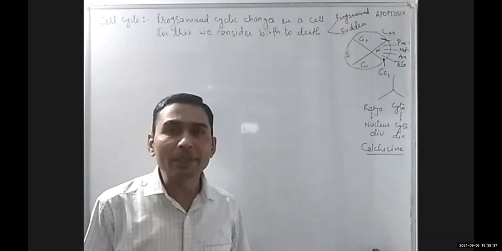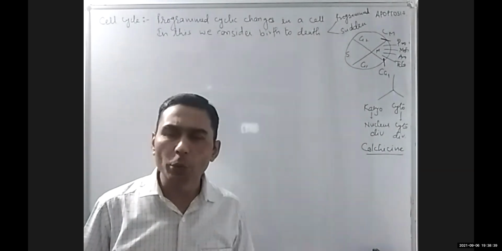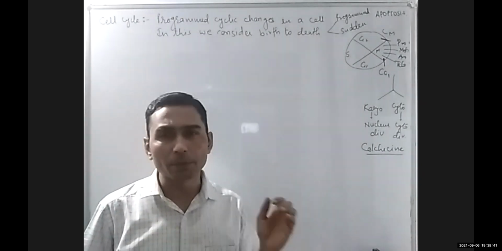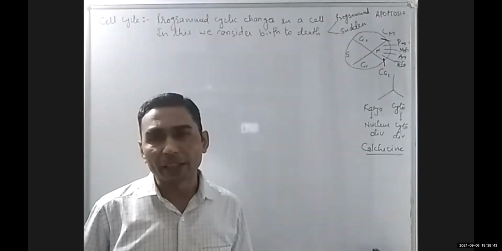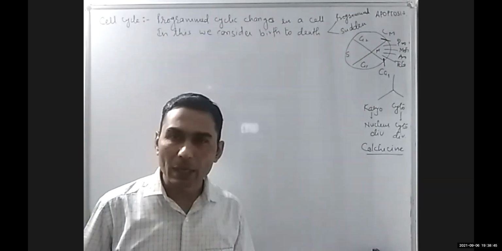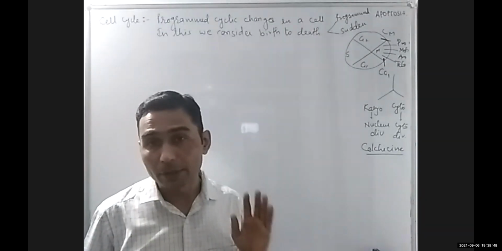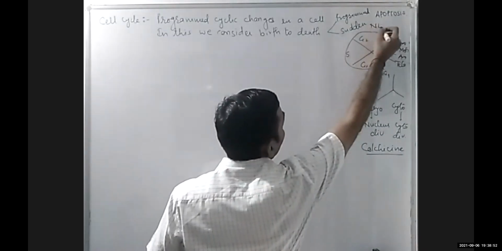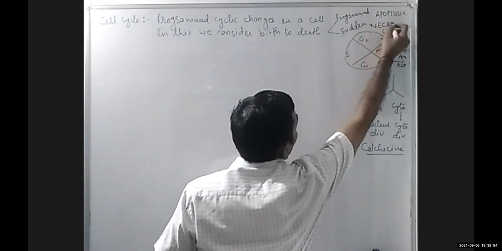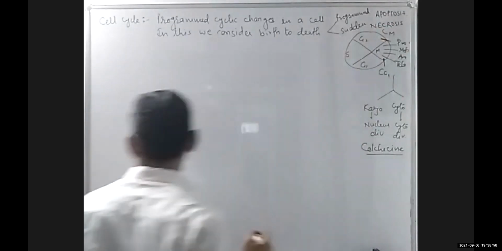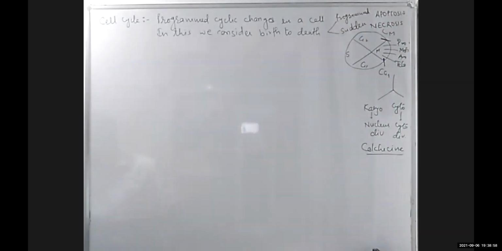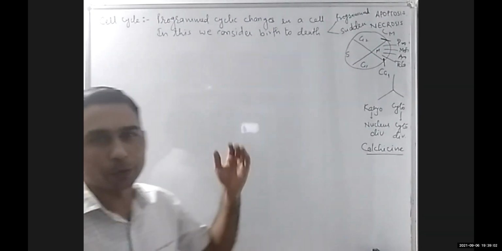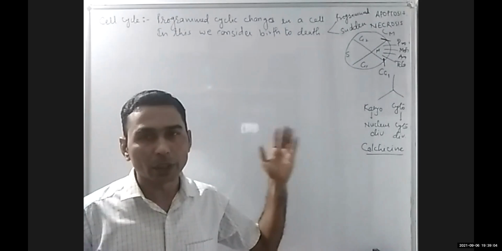And unprogrammed means sudden death due to some injury, some accident, some drug reaction, whatever the reason is. If the cell suddenly dies, then this is known as necrosis. Just for your knowledge, I shared these two terms with you.